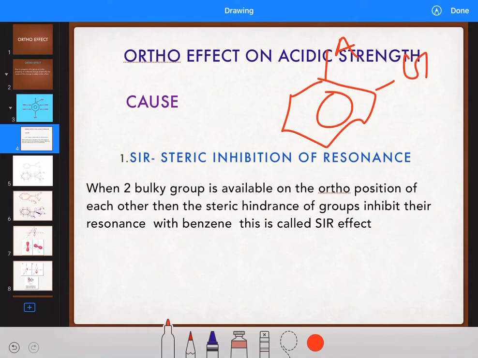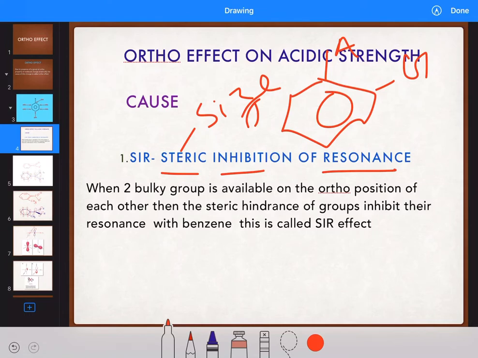benzene. At first see what steric inhibition of resonance means. Steric means size, correct, size of the group which is attached. Inhibition means block or stop, and resonance you know. So steric inhibition of resonance states that because of bulkiness or size of a group, if the resonance of that group or its neighboring group with benzene is blocked or stopped, then that effect is called steric inhibition of resonance.